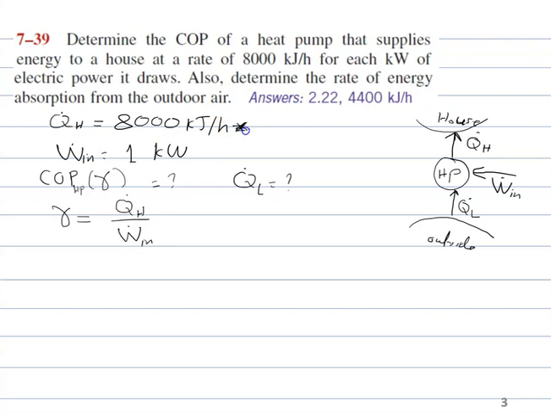We multiply this by hour, and this is 3600, 60 times 60, and that will give us 2.22 kilowatt. So this one is 2.22 divided by 1, because we have 1 there, the power WN. So this is 2.22.